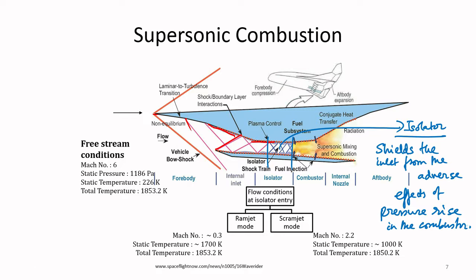Otherwise it adds to drag and all these things, but this is the purpose it serves. So all of the parts are very easy to understand. The inlet of course is for the ramming action, where you are designing this reducing cross section so that the supersonic flow slows down and the pressure increases, because to complete the thermodynamic cycle and to extract work or to generate thrust, you need to add heat only at high pressure.